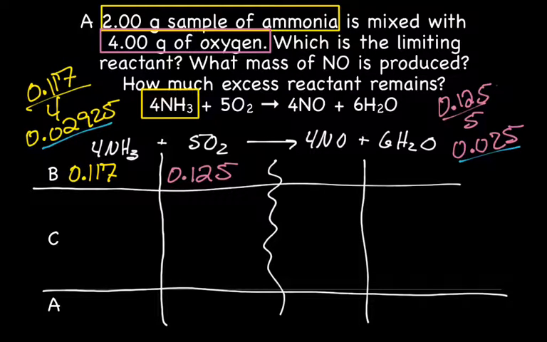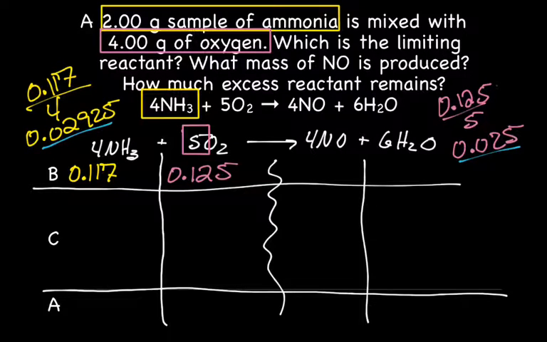It's 0.025. So oxygen is going to be our given. We're still going to keep NH3 there. We're not going to say 0 because we have 0.117 moles. But when it comes to the mole ratio now, which one are we going to use? We're going to use the coefficient for oxygen.